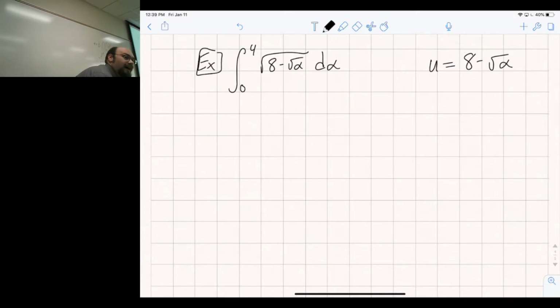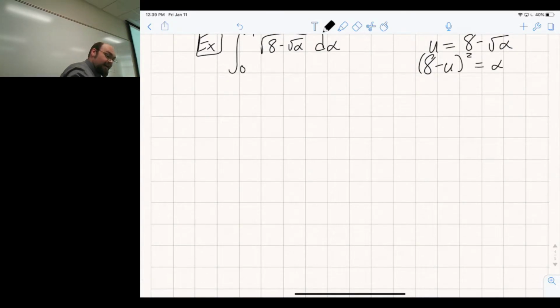Last time it was y. In this case, it's going to be alpha. So I'm going to solve for alpha. If I do that, I get 8 minus u quantity squared equals alpha. Look at all that algebra. Isn't it great?